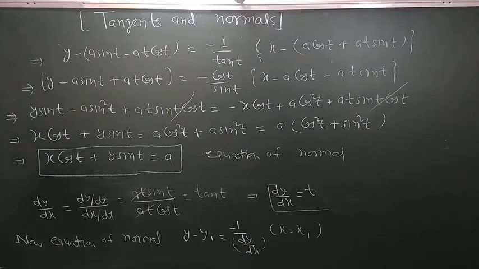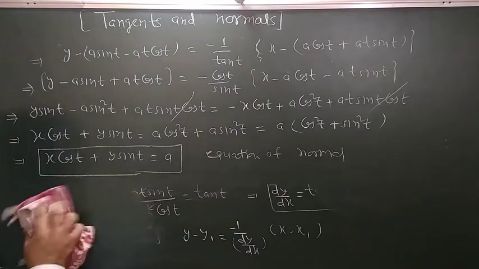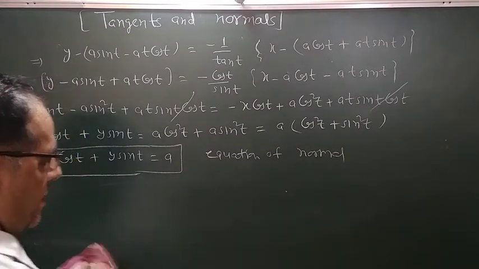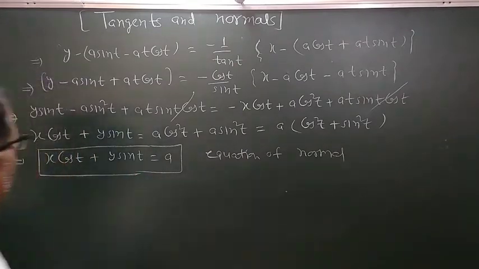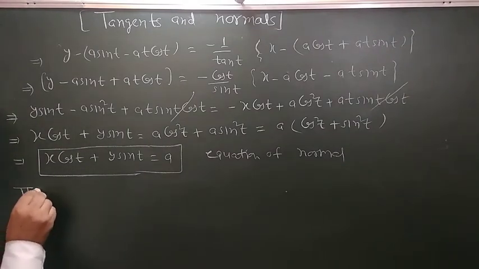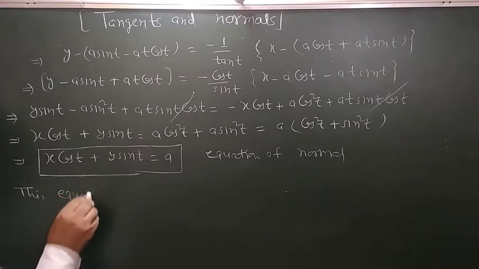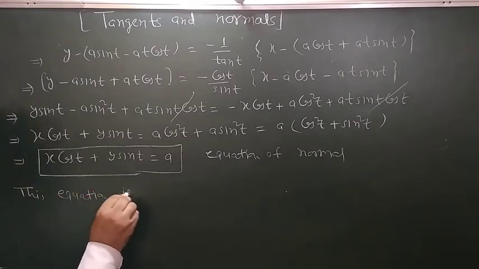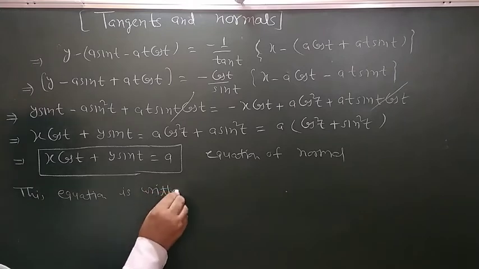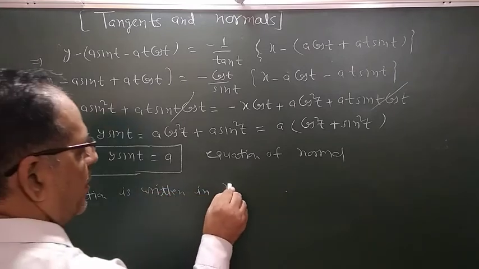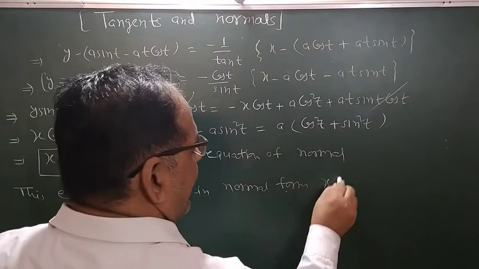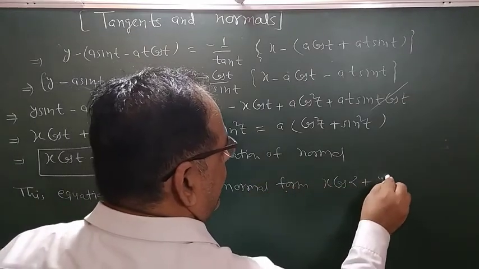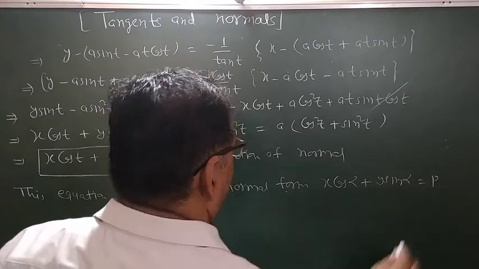This equation is written in normal form, x cos alpha plus y sin alpha equals p.